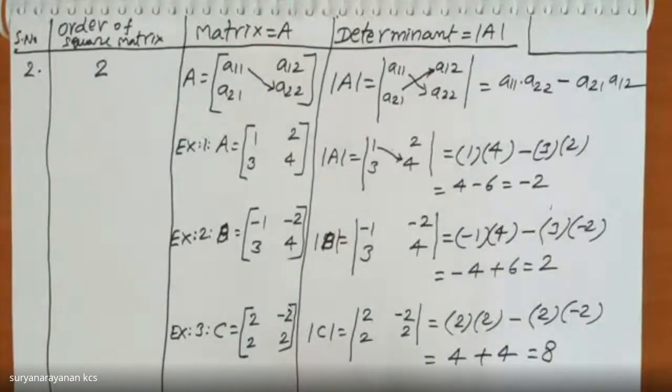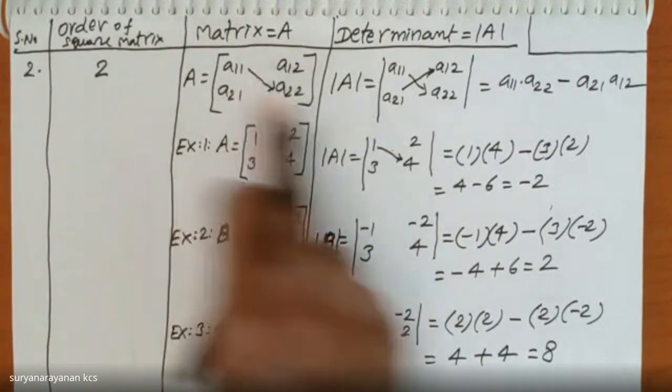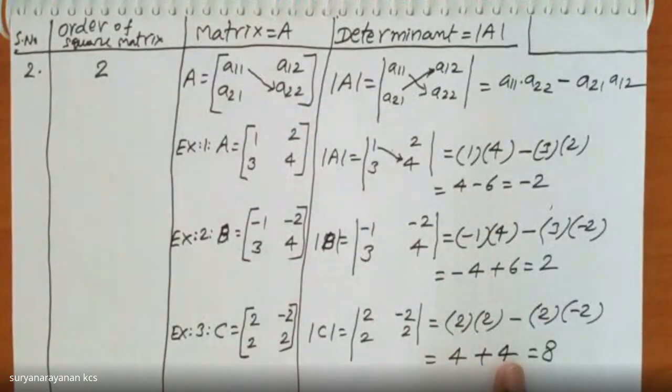So this is the determinant of the matrix C. Understood how to find the determinant of a square matrix of order 2. I have explained numerically and taken some examples also. Understood this one? Yes, sir.